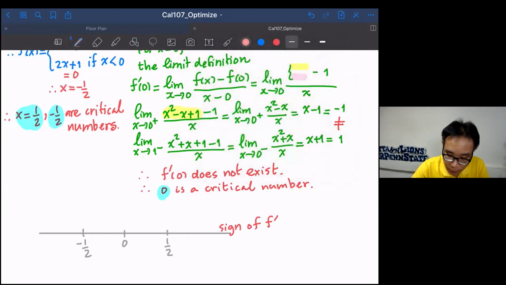Let me pick x equal to 1, then x equal to 0.25, then x equal to negative 0.25, and in the last interval we're gonna pick x equal to negative 1.